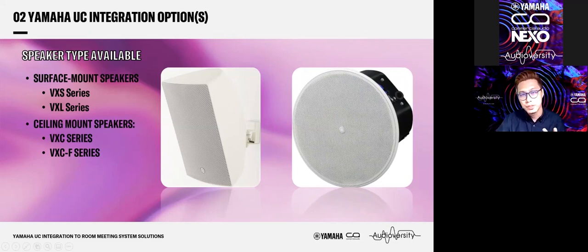We have two versions, one with a normal shape like this, another one with a flat profile for places that have a very short false ceiling. So for low profile ceilings, you can use the VXCF series instead. So these are basically all the available options that are common here in Yamaha.